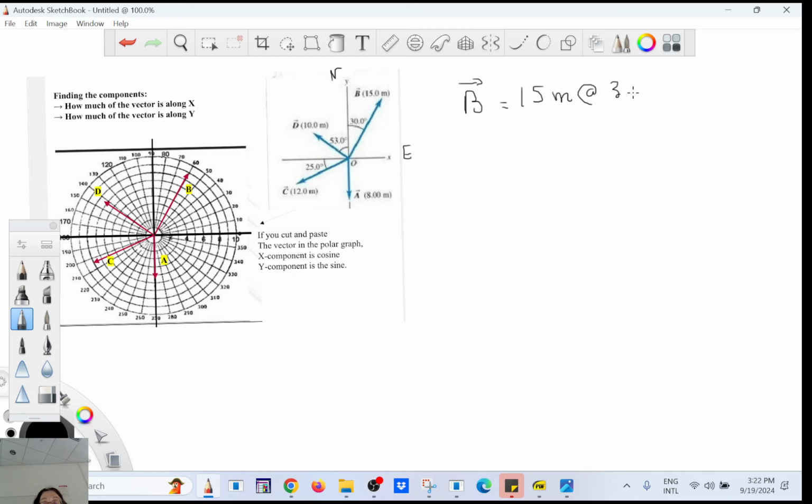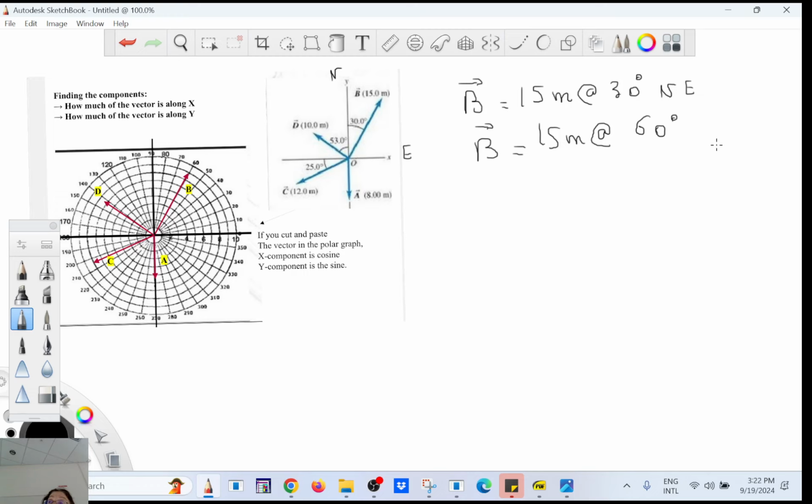So that will be 30 degrees east of north, so northeast. But that's not the right notation, right? So in the standard notation, you will say what? 60, very good. Do you all see that? That will be the right notation.